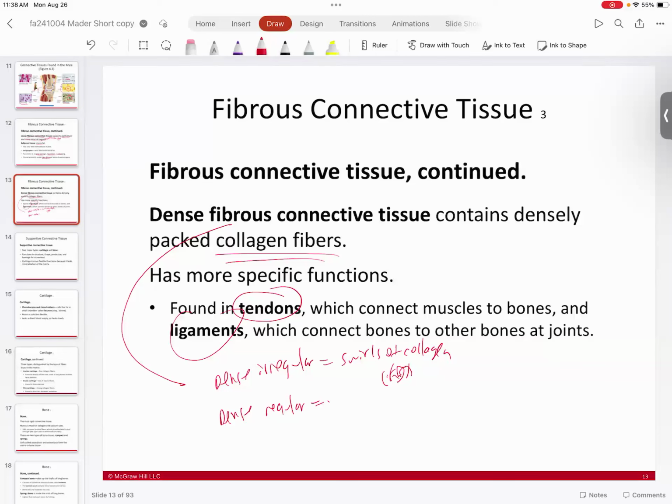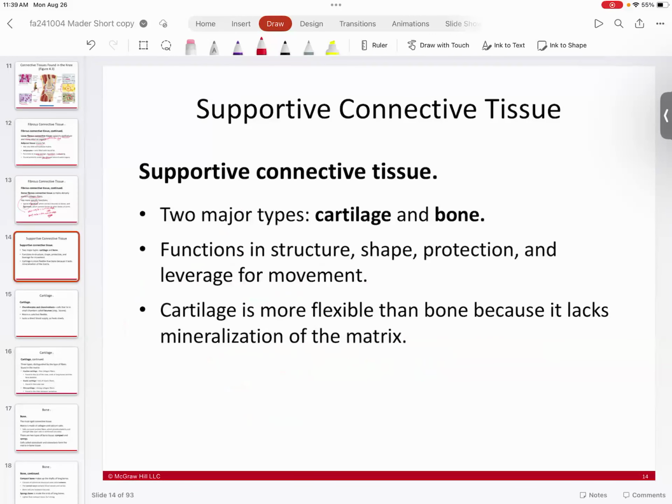So this is basically like even waves. So like this more. So dense because you can pack a lot more collagen if you have it in even waves like that.